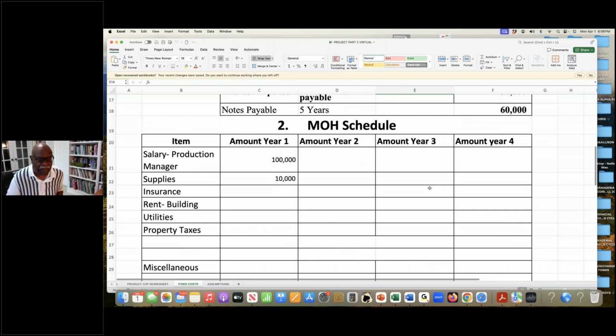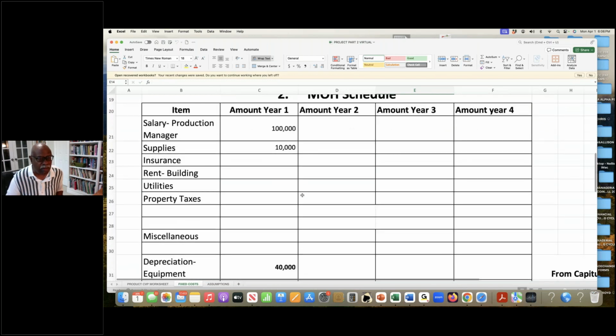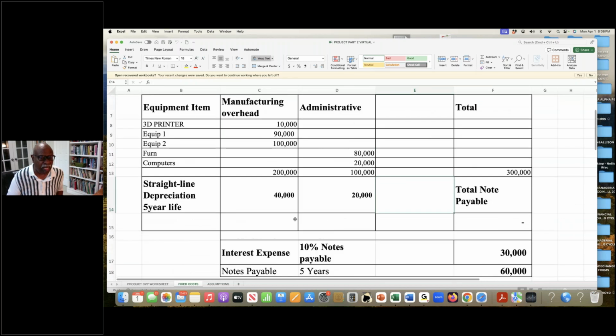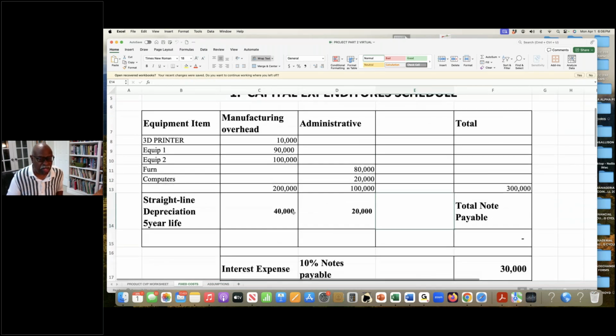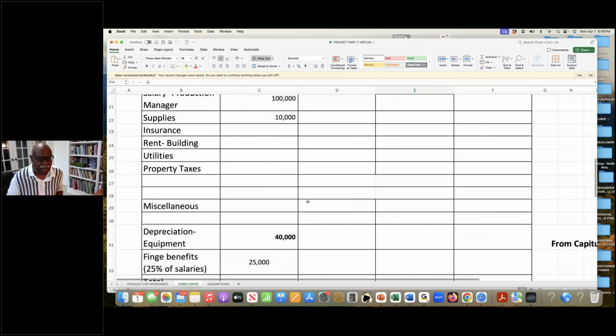Then you do your manufacturing overhead schedule, your production manager, supplies, types of things that go there, rent on the building, which you're going to need. The depreciation comes from your capital expenditure schedule. So whatever you get for the depreciation, you bring that out for manufacturing overhead.